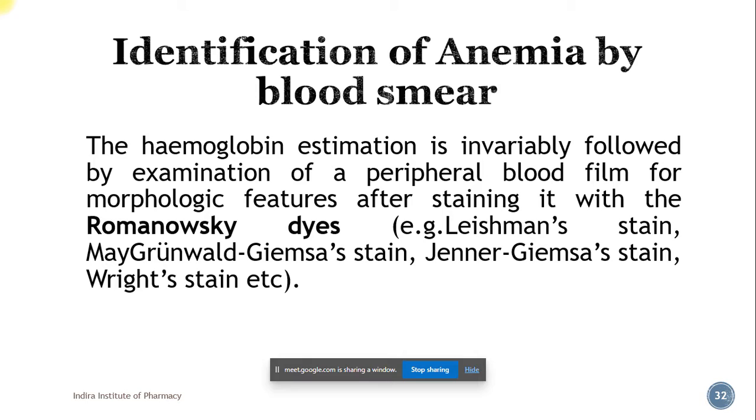So hemoglobin estimation is invariably followed by examination of the peripheral blood film for morphologic features after staining it with the Romanowsky dyes. This is the name of the stain group which is used for identification of anemia. The Romanowsky dyes are a group of stains which contain common stains like Leishman stain, May-Grunwald Giemsa stain, Jenner Giemsa stain, and Wright stain.